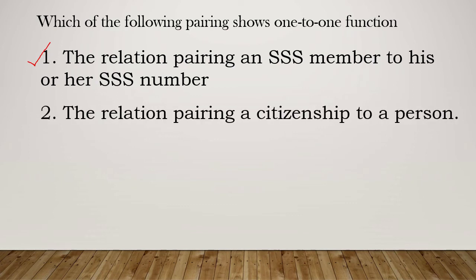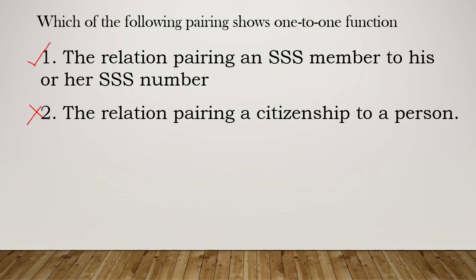Next, the relation pairing a citizenship to a person. Is the pairing one-to-one? Of course, we have what we call dual citizens or dual citizenship. So this pairing is not a one-to-one function because there are people with dual citizenship.